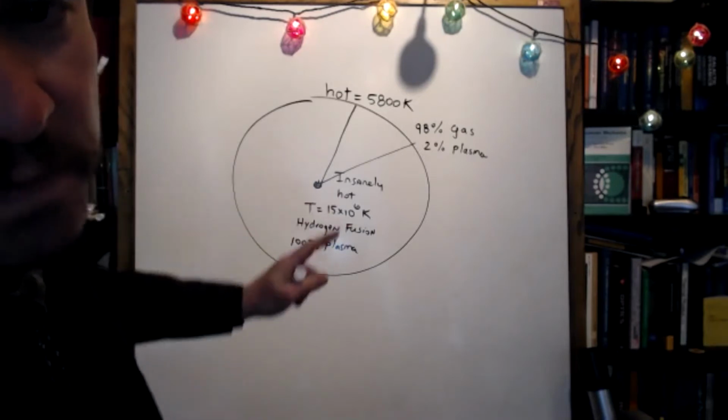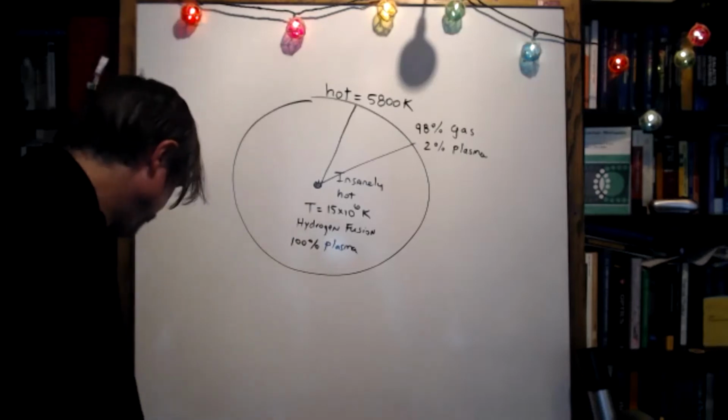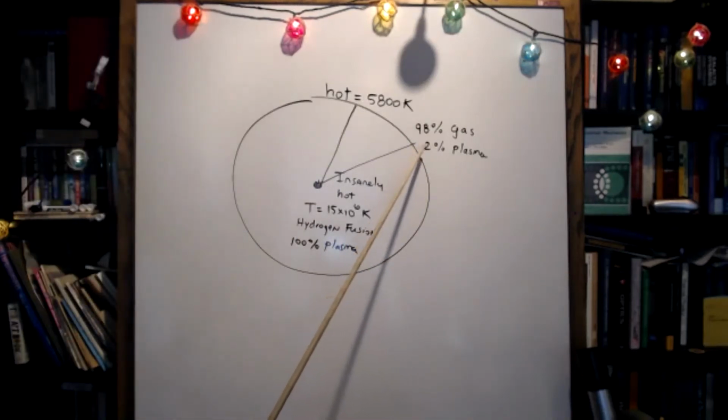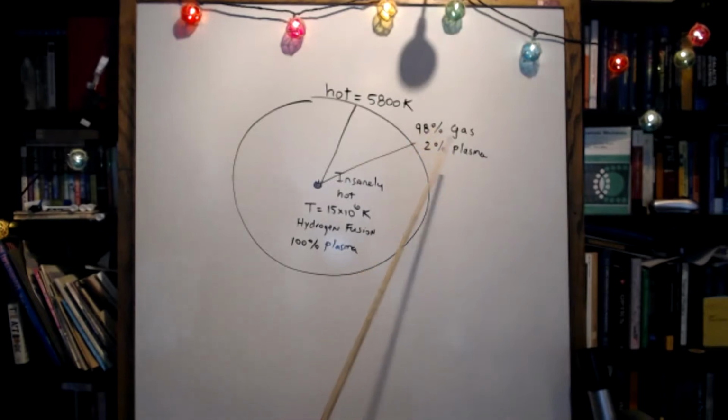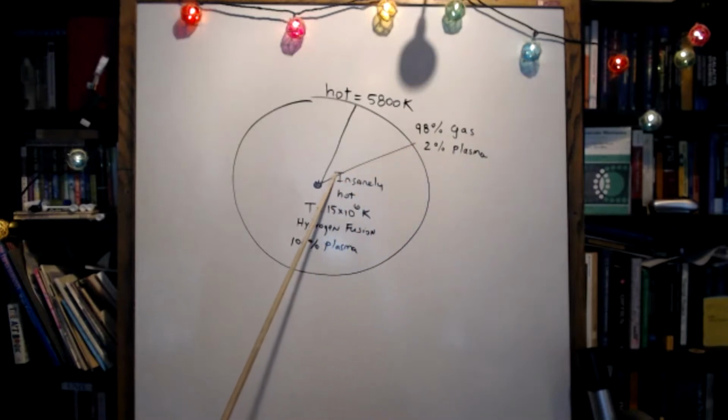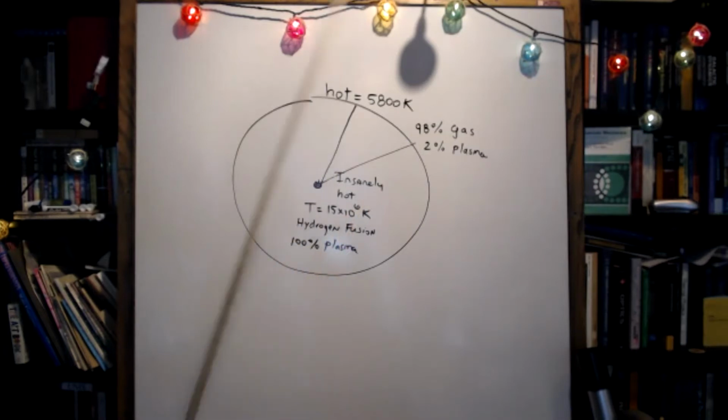All right, let me explain that point one more time. Now that you can see what's going on, at the surface of the star, it's mostly gas with a small amount of plasma. But as you get in towards the core of the sun, at these temperatures, the sun is like 100% plasma.